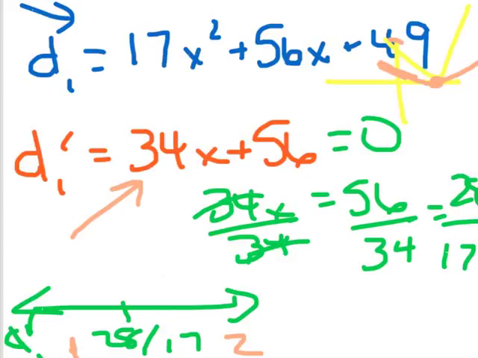The mistake was, yes, swinging the 56 over makes it negative. So this is a negative. The 2 is still fine, that's going to give me a positive. If I put in negative 2, I'm going to get negative 68 plus 56, which is negative. So this does verify that the function is decreasing and then increasing, so we found our minimum.